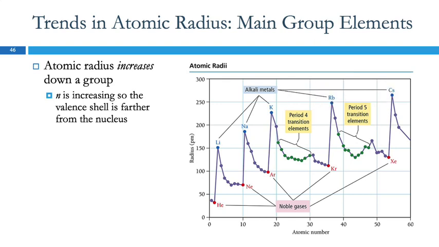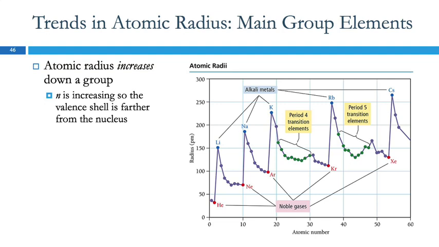And so we can see a trend in their size. As you go down that column, lithium, sodium, potassium, rubidium, cesium, the size of the atom gets larger. And the noble gases are over here. We can see that as you go down that column, they also get larger.